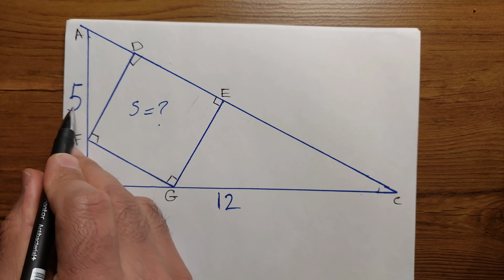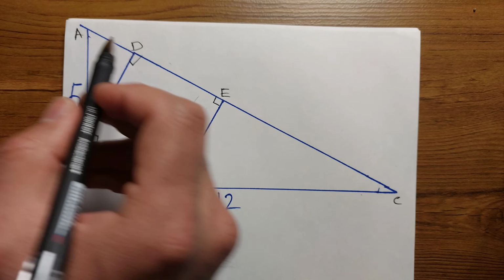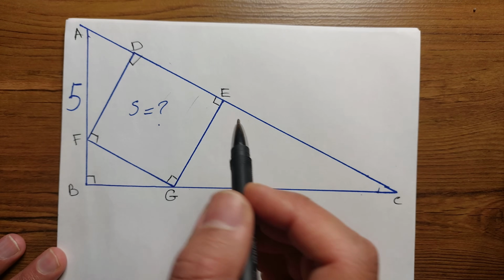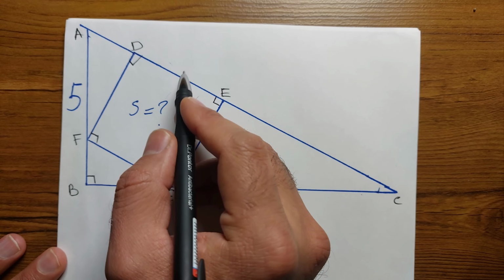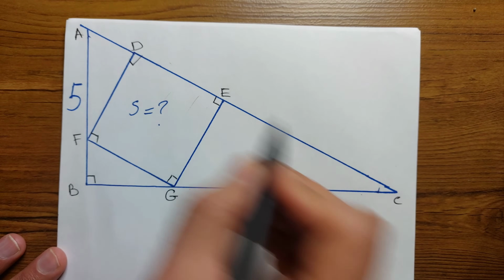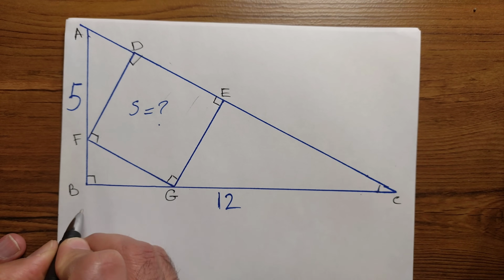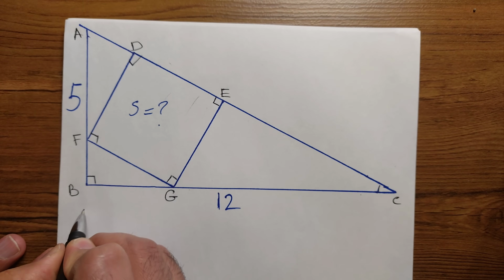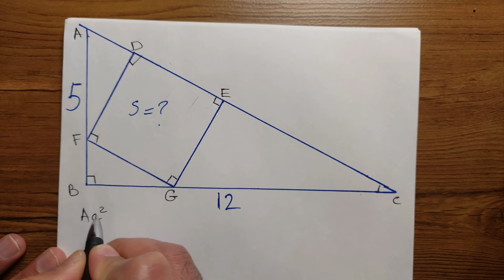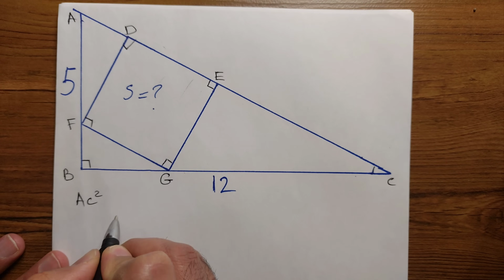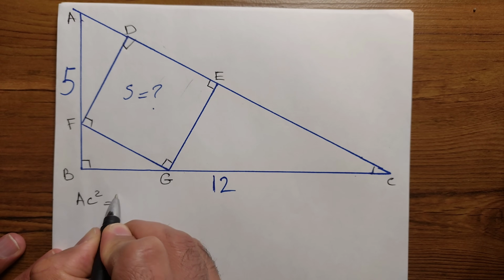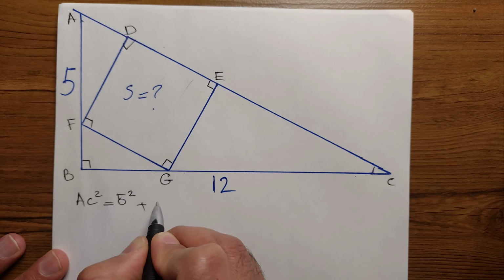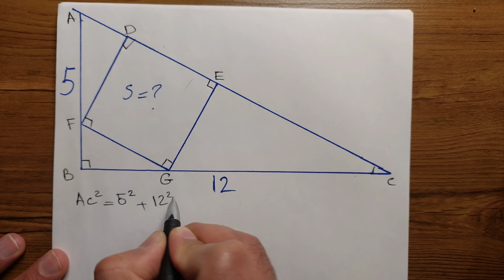We know that this side is 5, this side is 12, and we are supposed to find this hypotenuse here. The hypotenuse of the bigger triangle, which is AC, so let's write it here first. AC squared equals 5 squared plus 12 squared.